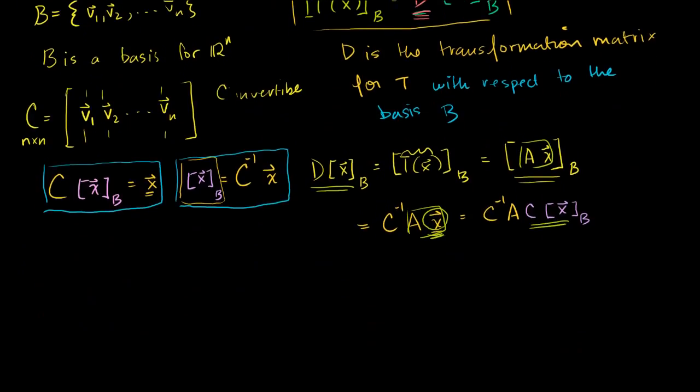And so the big takeaway here is that D times the coordinates of x with respect to the basis B is equal to C inverse A times C times the coordinates of x with respect to the basis B. And just like that, we have a version. So D must be equal to C inverse AC.